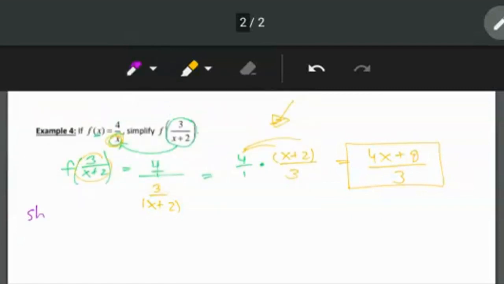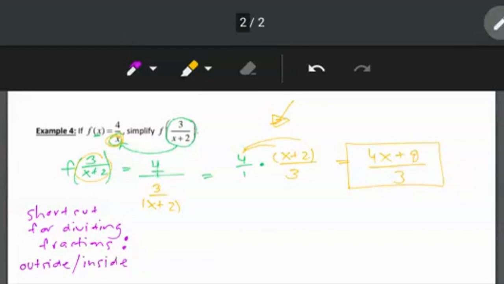My shortcut for dividing fractions, I call it the outside-inside trick. I'm going to show you guys how to do it. You can decide if you like your old way or this way better, but I kind of think this way is a little bit easier.